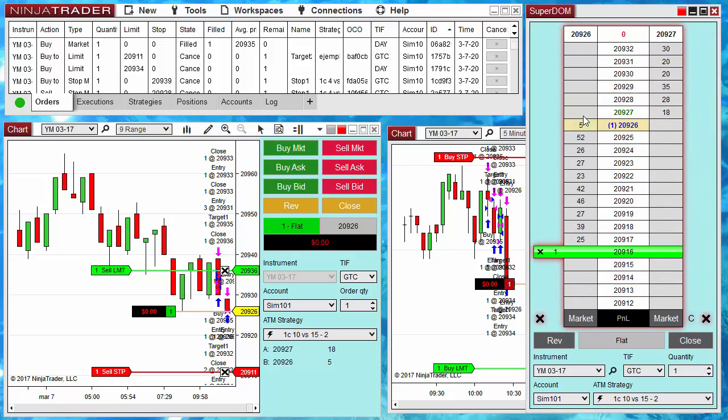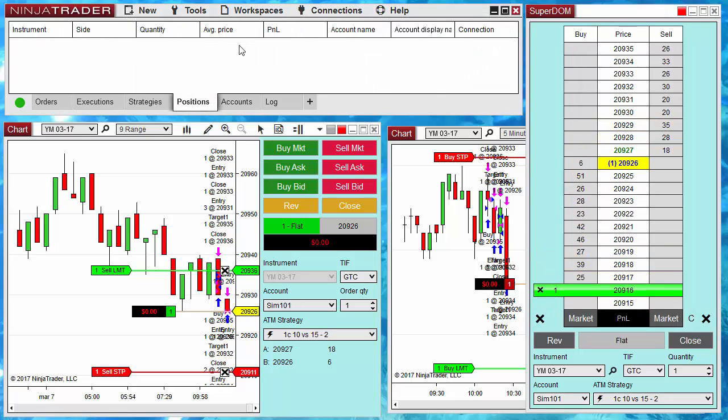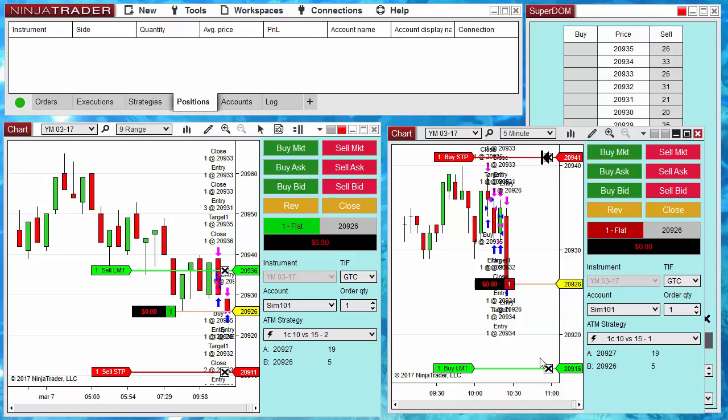If we look at the DOM, we can see that we are flat, we don't have a position. On the position tab we can also see that we don't have a position. But if we look at each chart, we have one short with its target and stops and one long also with its own targets and stops.